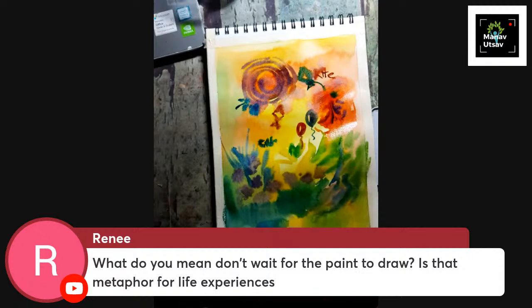And then Rennie says, what do you mean, don't wait for the paint to dry? Is that a metaphor for life experiences? Absolutely, Rennie, I am loving it. Since you brought up this point, don't wait. See, we always keep procrastinating things, like, okay, maybe after I have achieved this, I'll be happy.